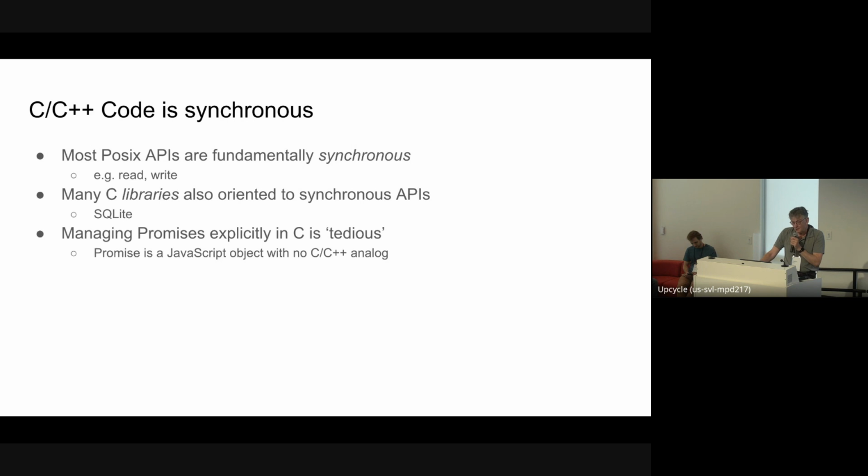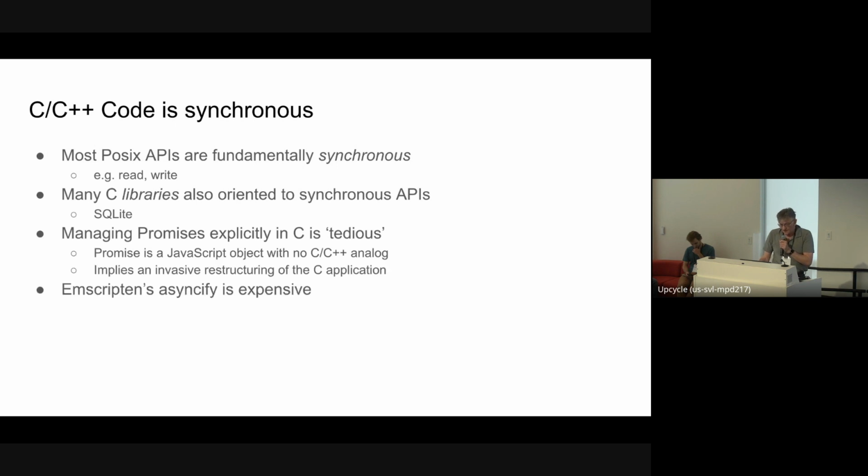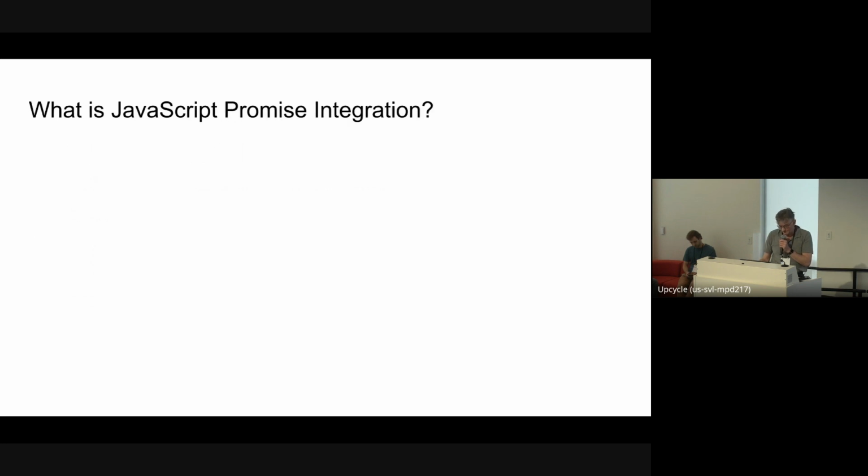You can deal with this yourself in C if you manage promises, but that is kind of difficult to do. There is a technique at the moment called Asyncify, which liberates you from this difficulty. However, it's expensive. It's 2 to 3 times your code size and 2 to 10 times your performance cost, depending on what you're doing.